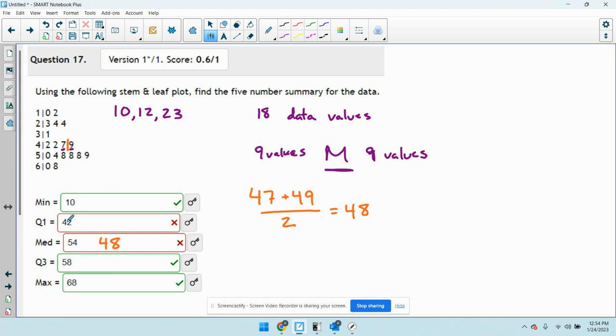Now to get the Q1, I just repeat that process again with the first half of the data, with those first 9 values. So I'm finding the median of those 9 values. And since there's 9, there will now, in fact, be a middle value. There will be 4 values, my median, and then 4 more values, totaling the 9 values total.